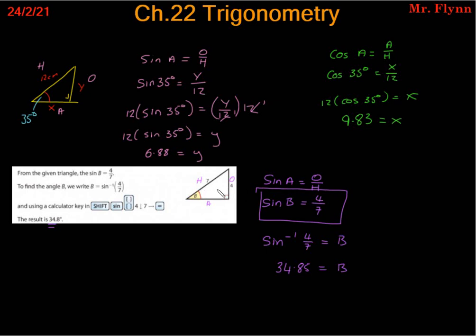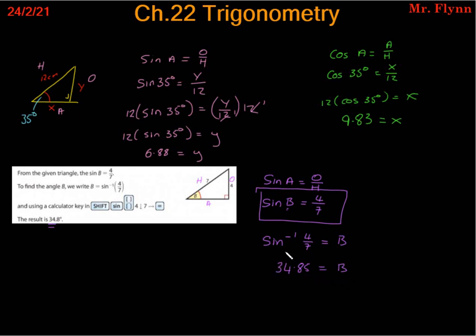We figured out that sine included silly old Harry, our opposite and our hypotenuse, and we simply fill those in to get what's in this box here. From here, how do we work out what angle B was? You simply use your inverse function. So you get the inverse of whatever sine of B is equal to, in this case 4 all over 7, and we let that equal B. Typing this into your calculator, we figured out that that was 34.85 degrees.